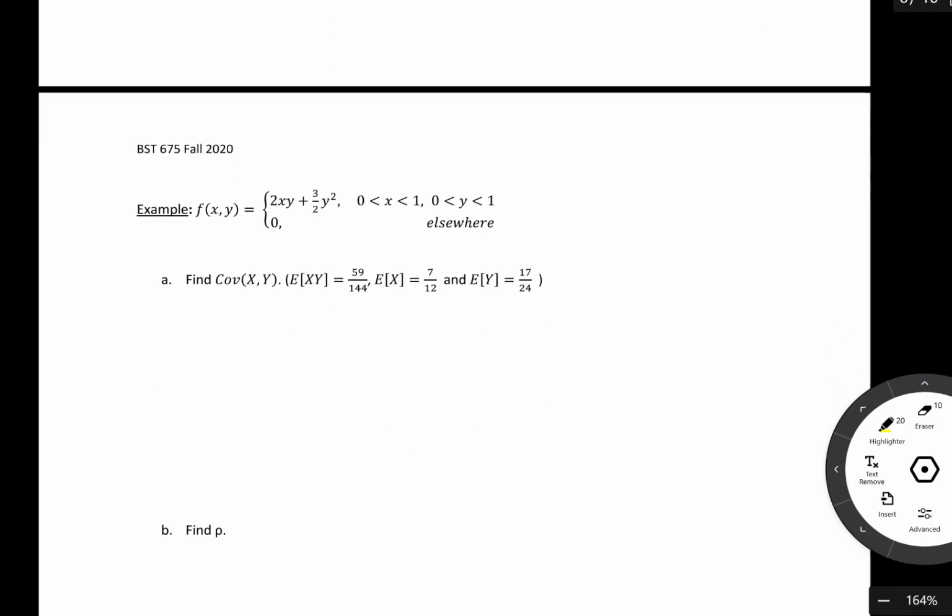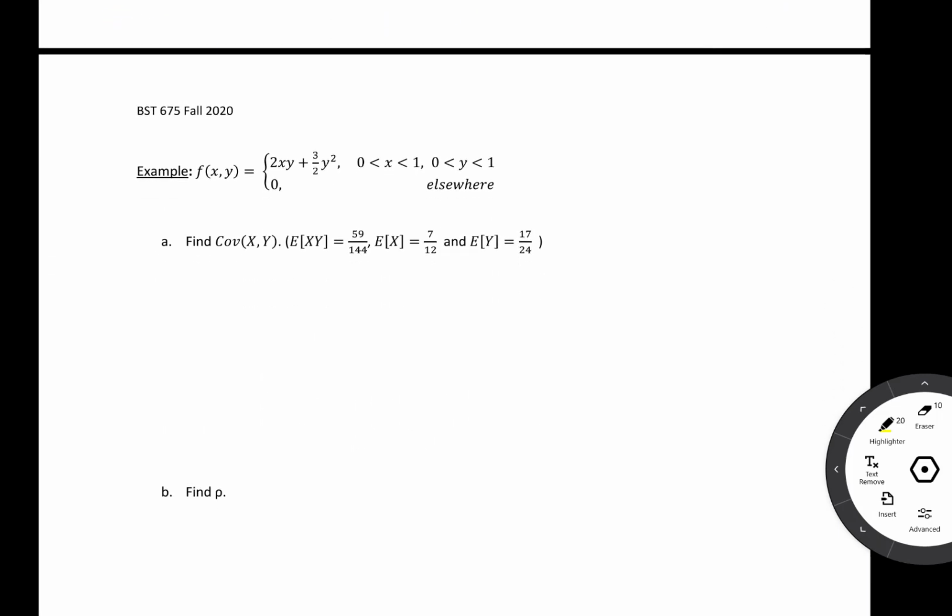Alright, so let's look at an example. Let's see how we could find the covariance and how we could find that correlation. Starting out here, we're going to find the covariance of x and y, and notice I've gone ahead and given you the expected value of x times y, the expected value of x, and the expected value of y.